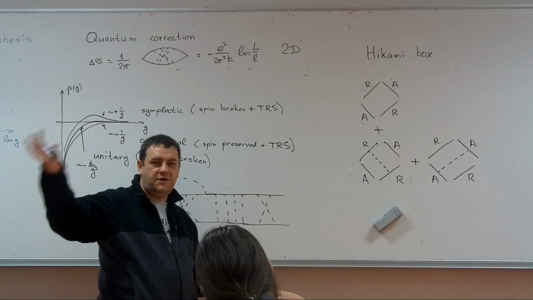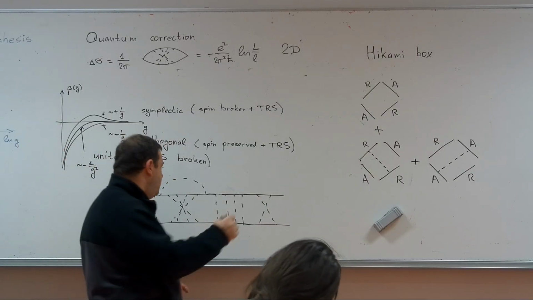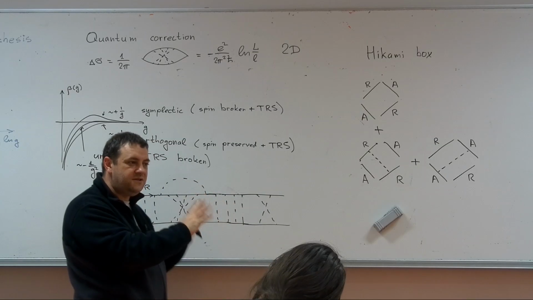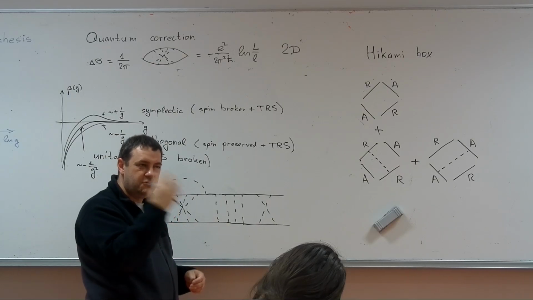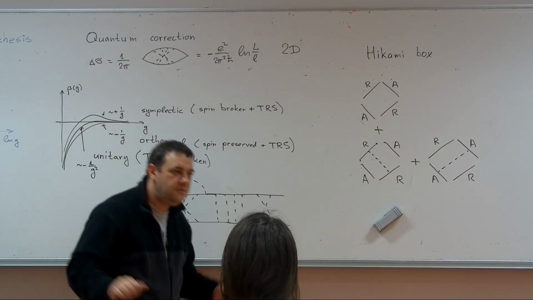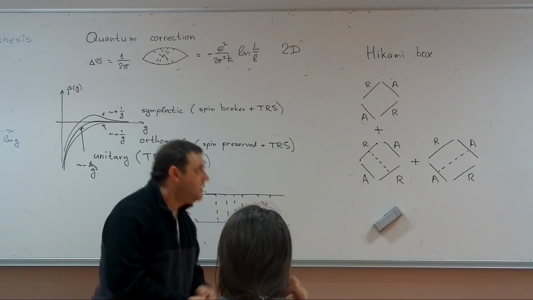And then Hikami comes and tells us that if you also add a line above or a line below, it is still a diagram with just a single crossing, so you should also include that one. In what sense single crossing?